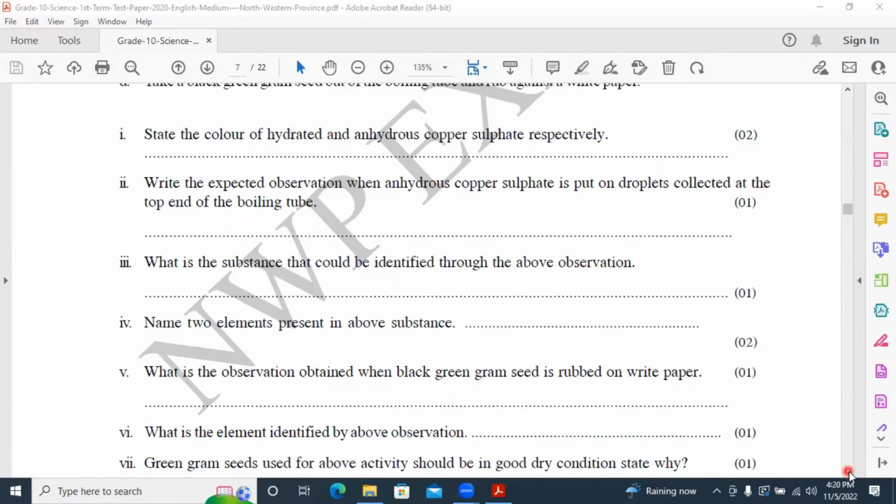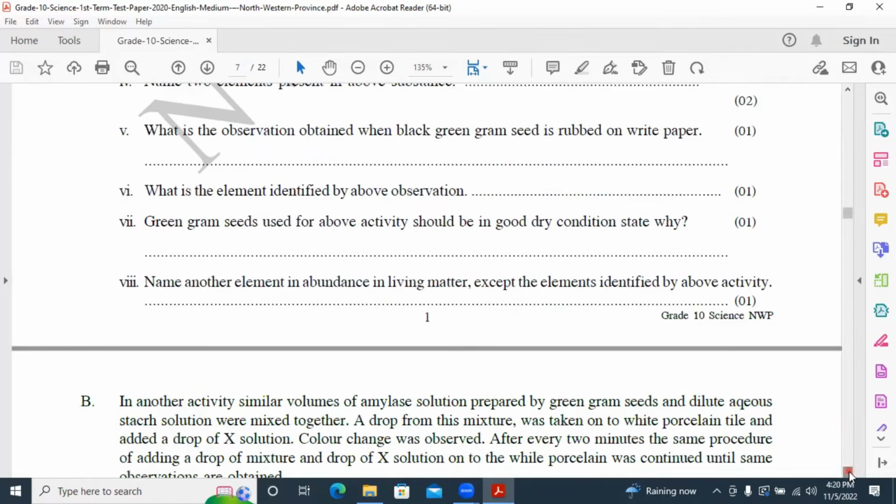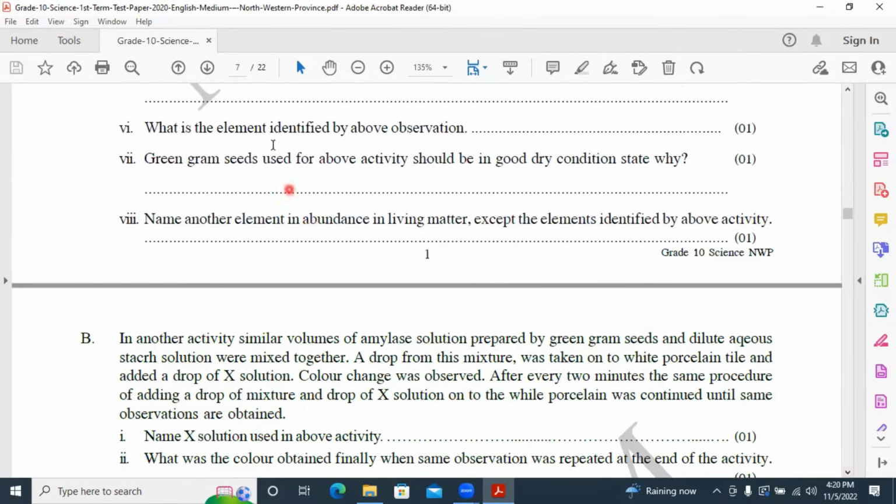Roman number 7. Green gram seeds used for the above activities should be in good dry condition. State why. The answer is, you have to use them in dry condition because we are going to see whether these food items contain carbon and water.